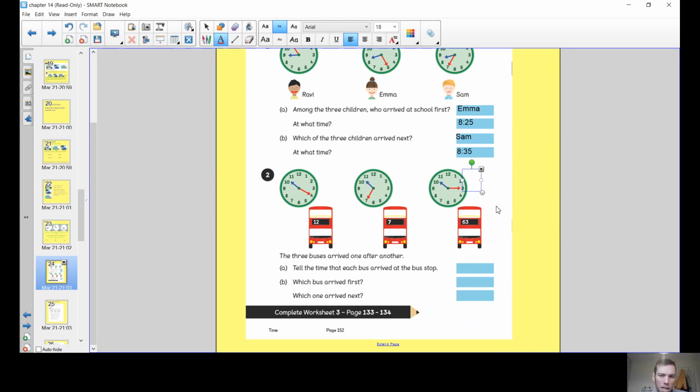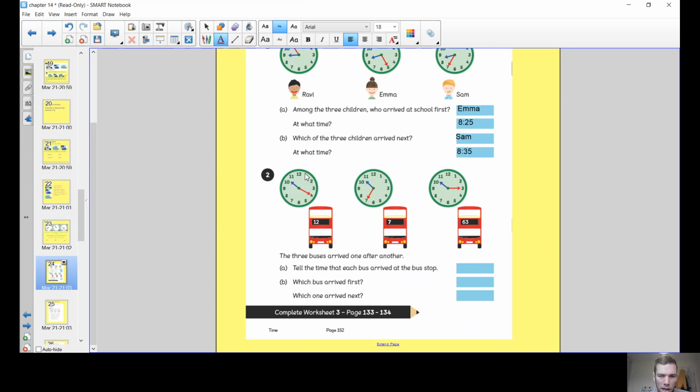Okay, we've got a similar question here. The 3 buses arrived one after another. Tell the time that each bus arrived at the bus stop. Well, just looking at my smaller hand, I can see instantly that they are all going past the 10. So I know they are all 10 something.